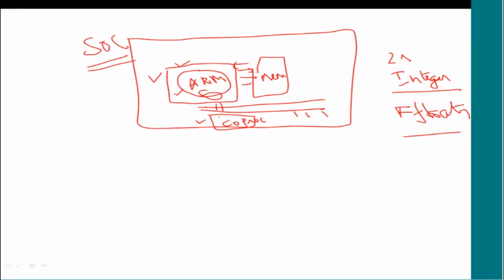You may wonder why we are doing it. In a system design, we may not need a coprocessor always. We might be happy with only having an ARM core along with the peripherals and the memory.